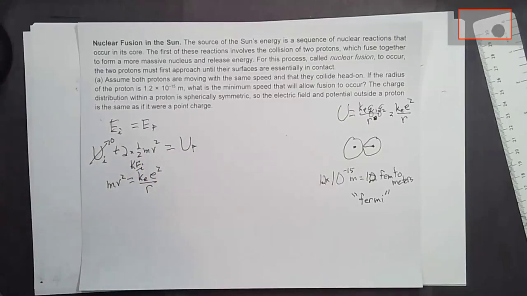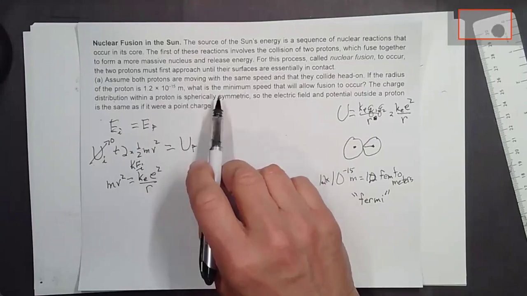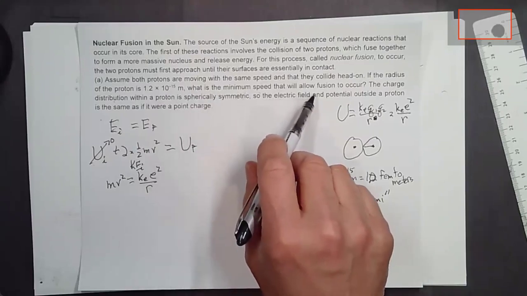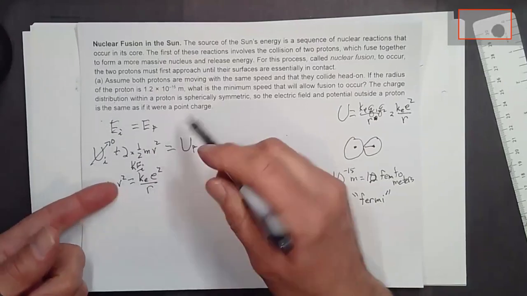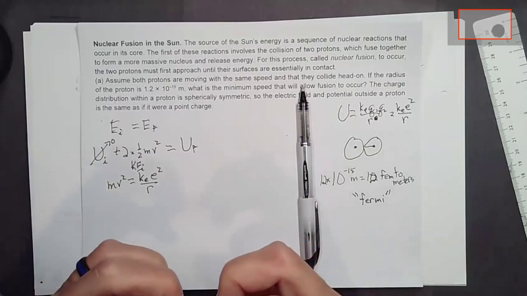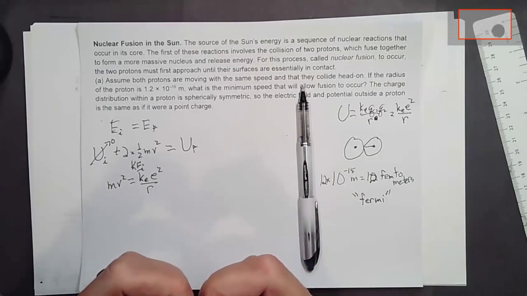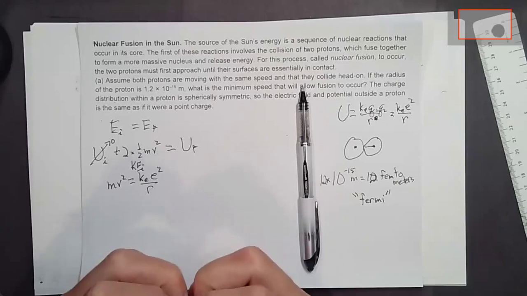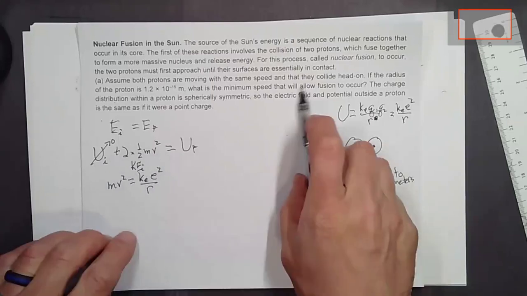And what are we after in this problem here? Oh, what's the minimum speed that will allow fusion to occur? Okay, well, this minimum speed is when they're slowing down, slowing down, slowing down as they approach each other, and just as their speed comes to zero, their surfaces touch and the strong nuclear force takes over.